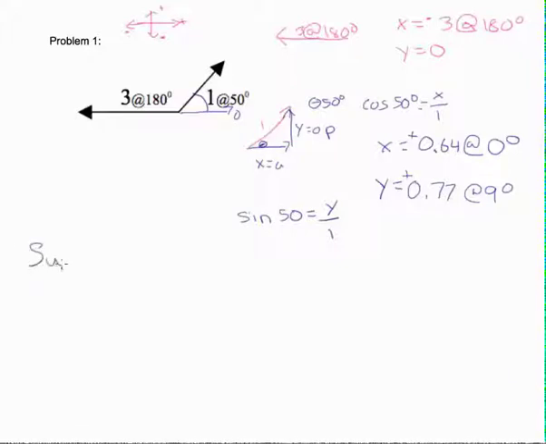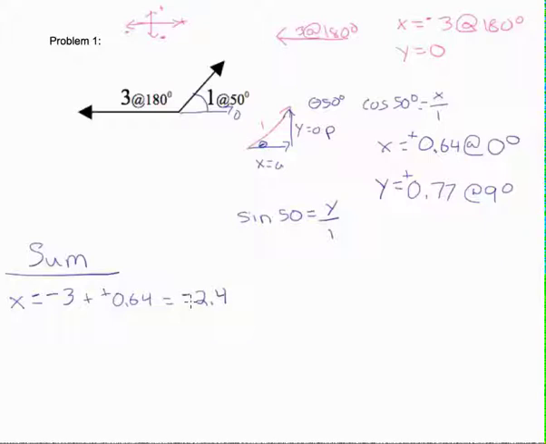For our x, we have negative 3 and positive 0.64, which gives us negative 2.36, or negative 2.4. And since it's negative, we know that means it's at 180 degrees.